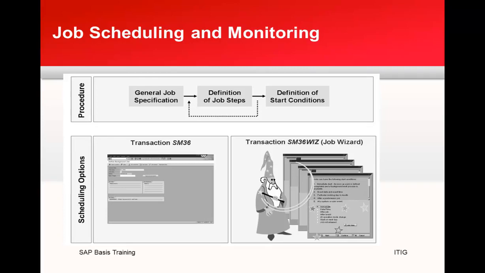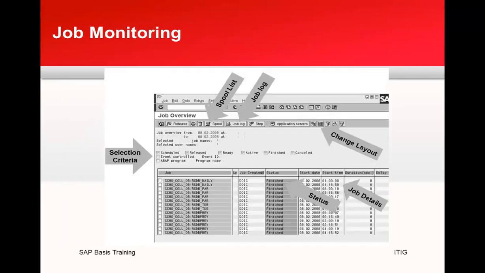We can enter a general job description, define a couple of steps, define the start criteria, and that's it. We can use a job wizard as well. For monitoring, there is a transaction called SM37. We'll log into both of them and see how it works. Before that, I just want to cover this theory part.